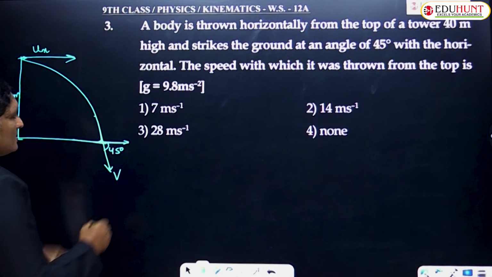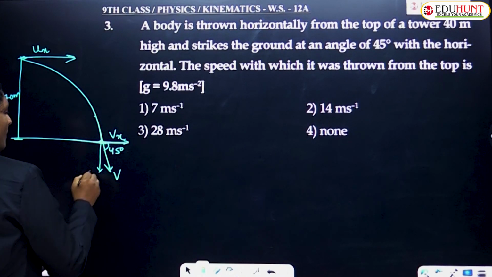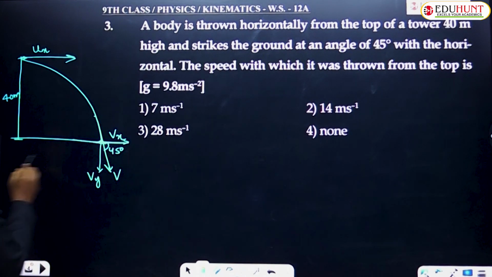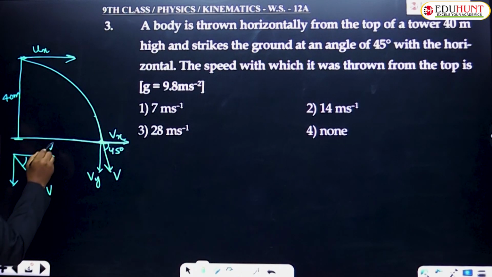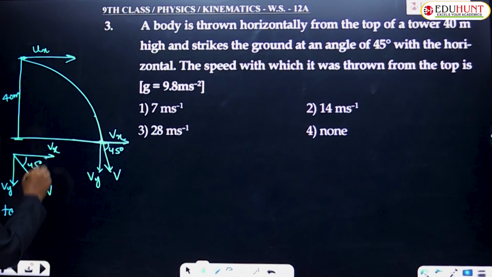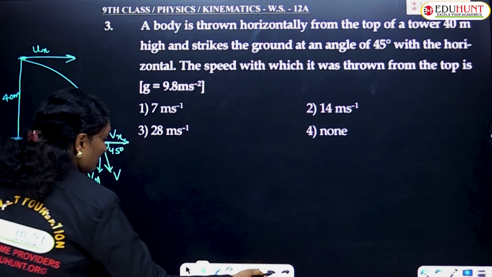We know that this velocity vector is resolved into two components, a horizontal component and a vertical component. One is Vx, the other is Vy. If you observe this figure carefully, the angle is 45 degrees, this is Vx and this is Vy. From the figure, tan alpha equals opposite by adjacent side. So what is the value of tan alpha, children?